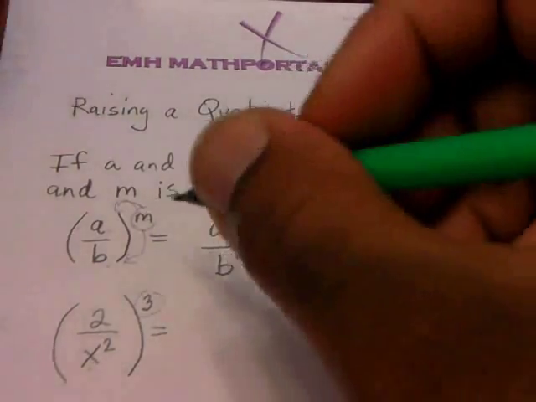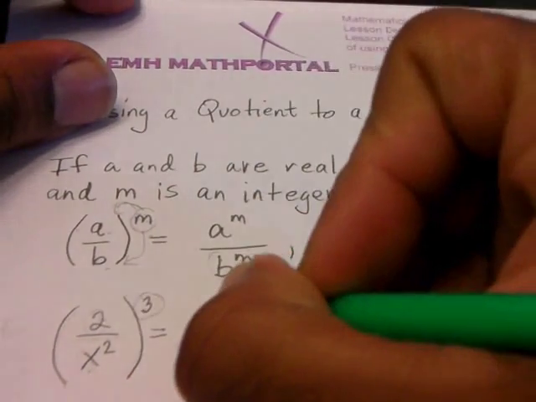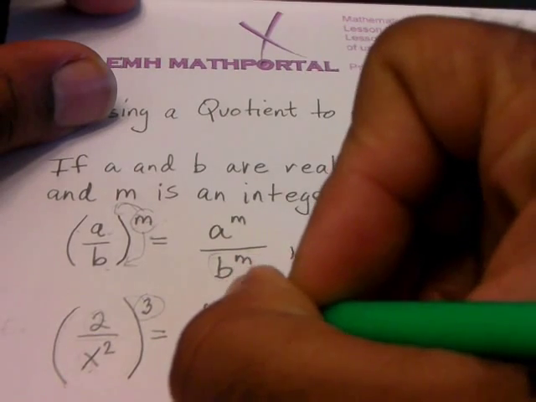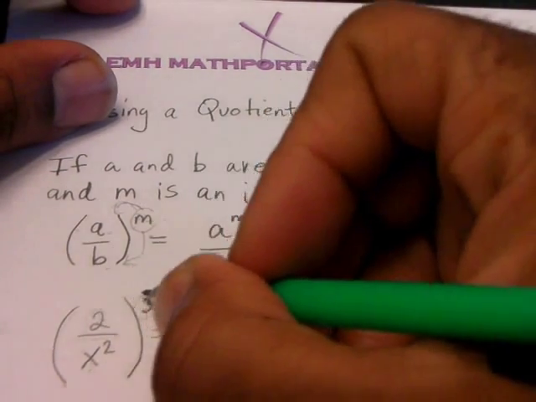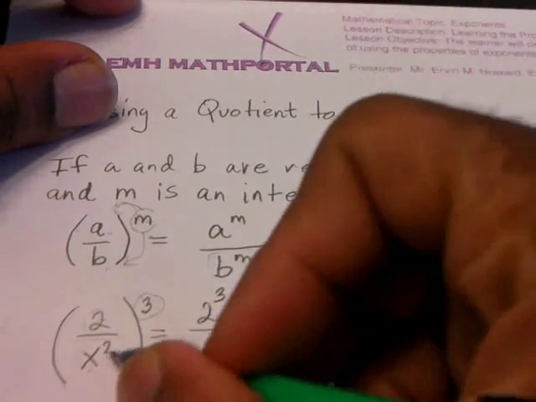So what you do, according to the formula, you raise 2 to the power of 3, and then you do this for x squared.